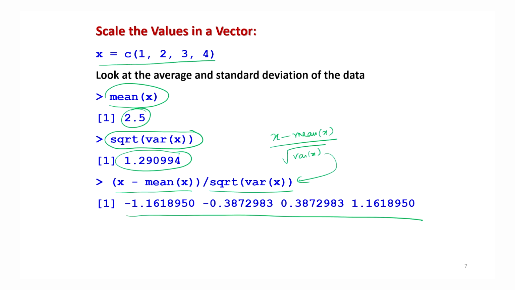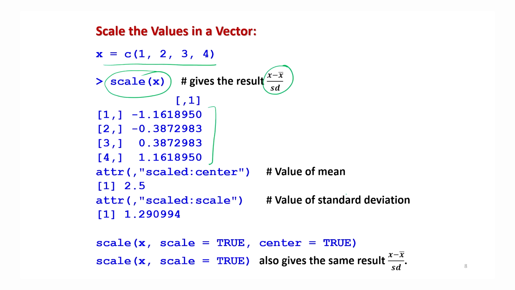And what you had obtained earlier, 1.16, 0.38 with minus sign and the same quantities with the plus sign. So you can see this is the same result we obtained by manual computation, but now it has been obtained directly by this scale function, right? And then it gives you the scaled and centered information.